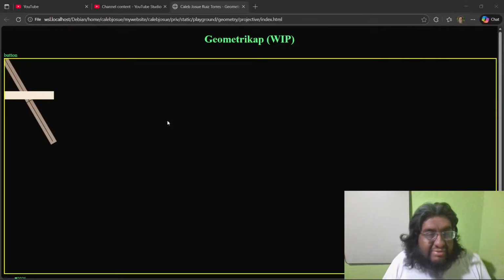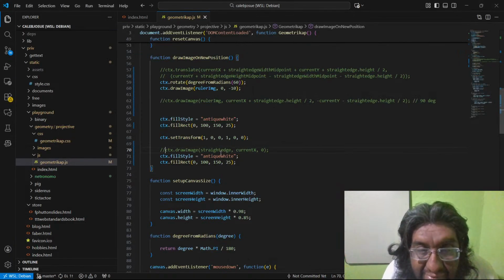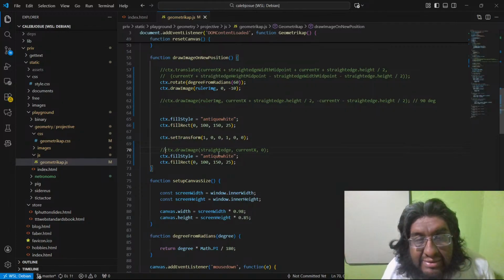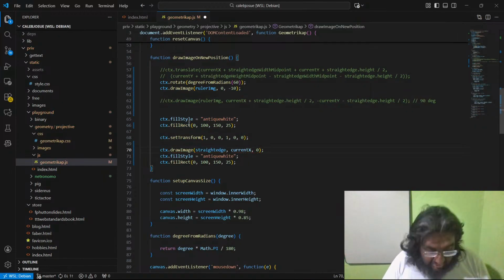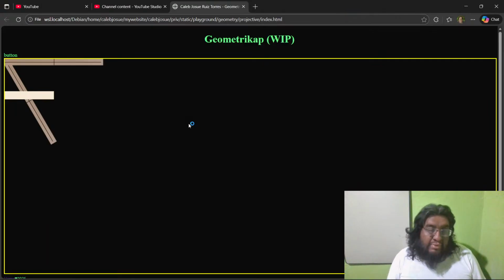I don't know why it's strategy. So this is the one that moves. It doesn't like the move.